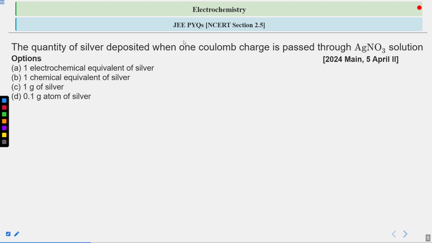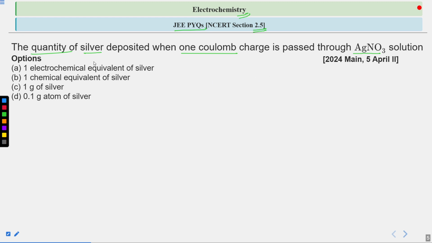Now, this question is also a JEE PYQ and it covers NCERT section 2.5 in the chapter Electrochemistry. The question says: the quantity of silver which is deposited when 1 coulomb of charge is passed through silver nitrate solution is.